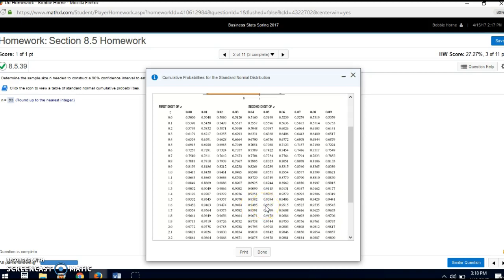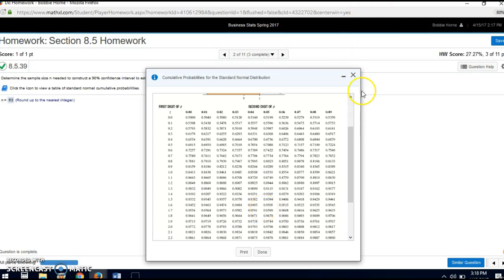Let me make sure that that's right, 0.90, yes. So 1.64 and 1.65, see, there's 1.6, go up 1.64, and then here's 1.65. Add those, divide by 2.